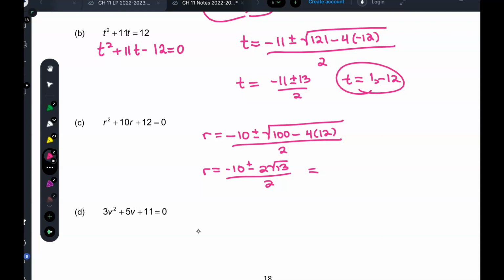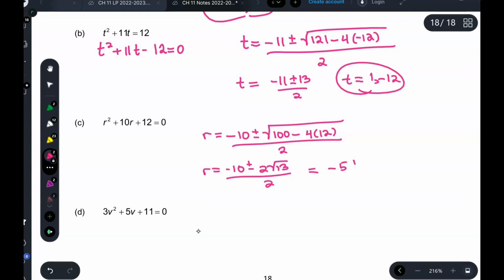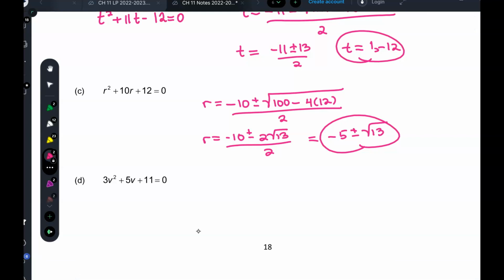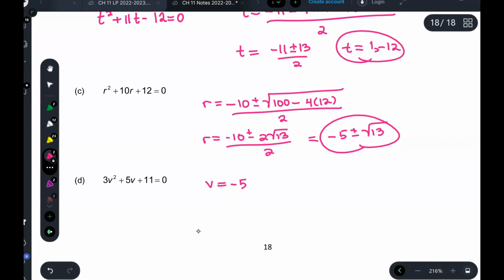Can we simplify this further? Yes, you can. But we have to make sure it goes into both parts, right? So it'll be negative 5 plus or minus root 13. Last one. No solution. Okay, so v equals negative 5 plus or minus 25 minus 4 times 3 times 11.